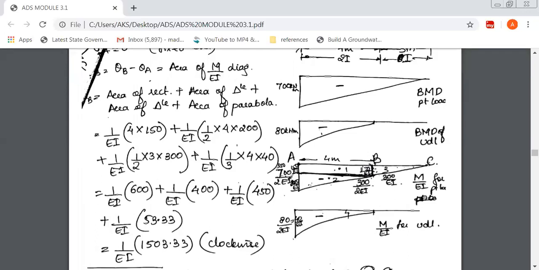That's how I've written it here. This same line has two different ordinates: to the right side it is 300 over EI, and to the left side it is 150 over EI. It is very important to mark the ordinate this way because it has two different EI values. EI is the flexural rigidity.